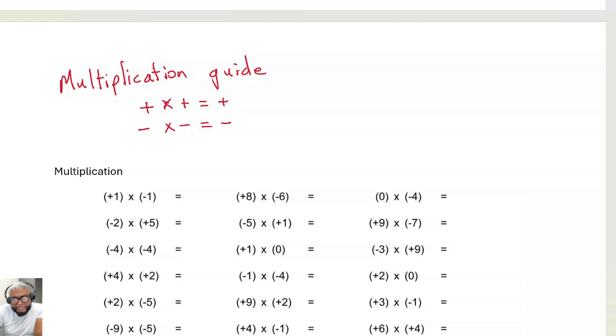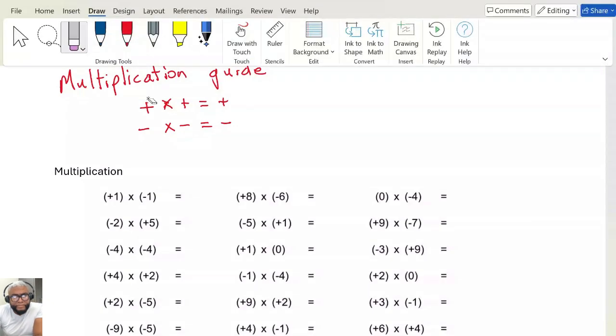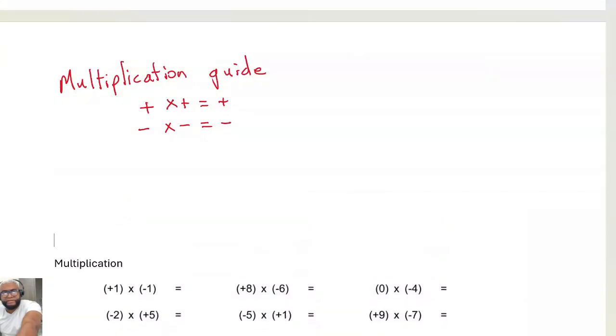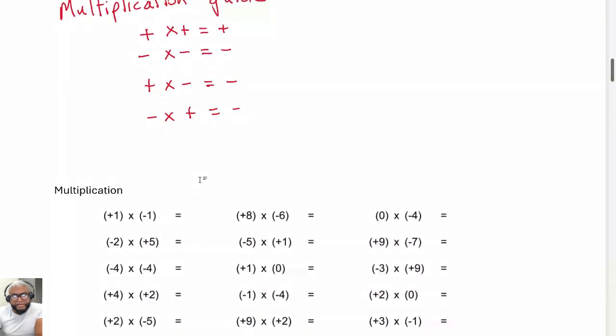You just try and write it as small as possible. Then you have a positive multiplied by a negative is a negative. Then a negative multiplied by a positive is a negative, right?